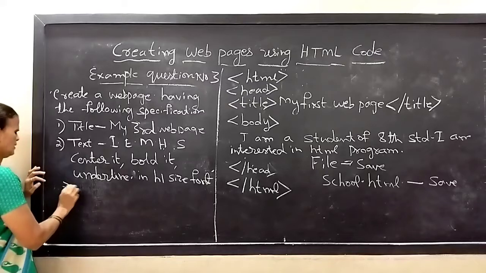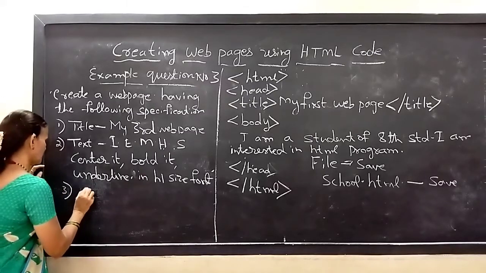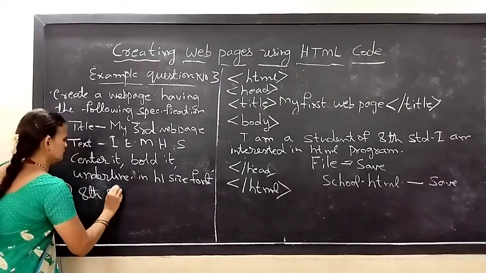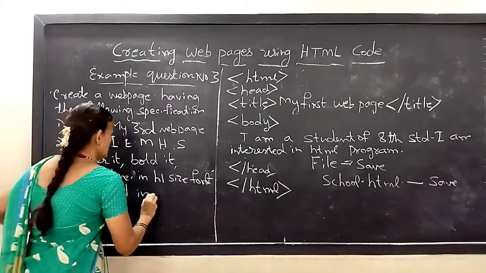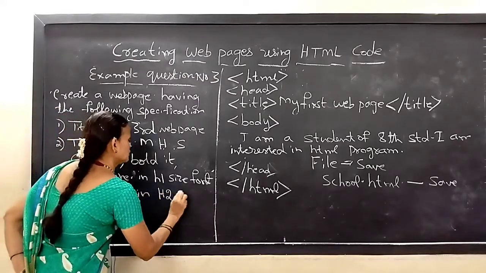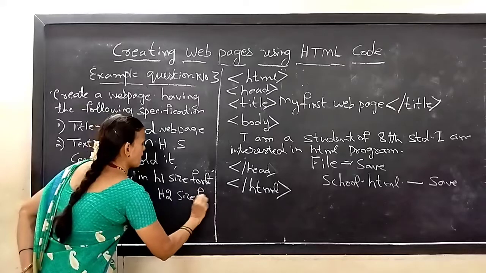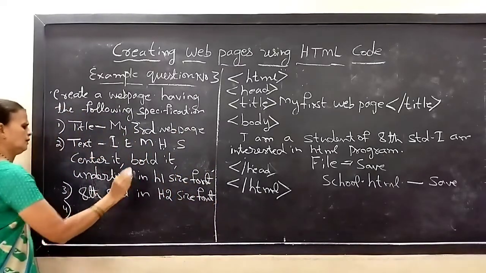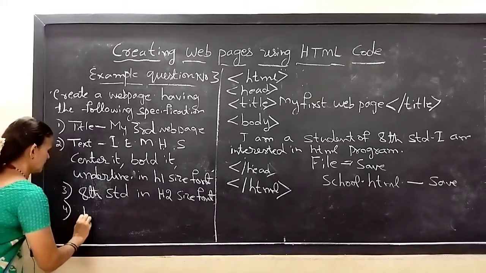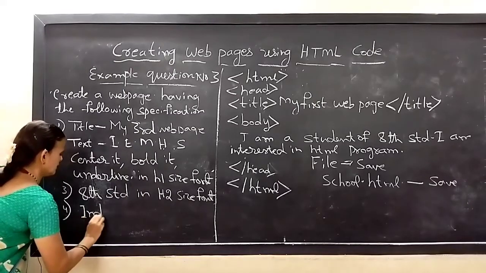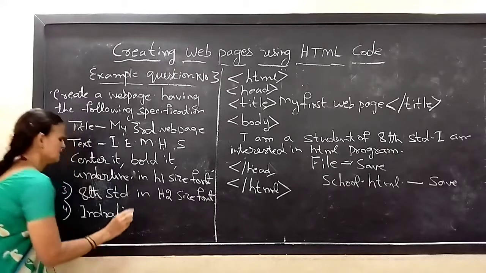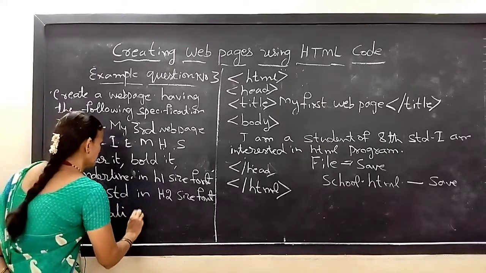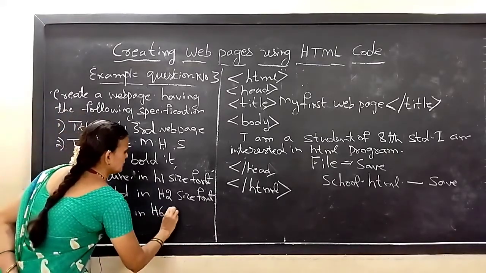Then your class name, A standard, should be in H2 size font. Then Indrali, Udupi, like that you can write the place name, and it should be in H6 size. Okay.